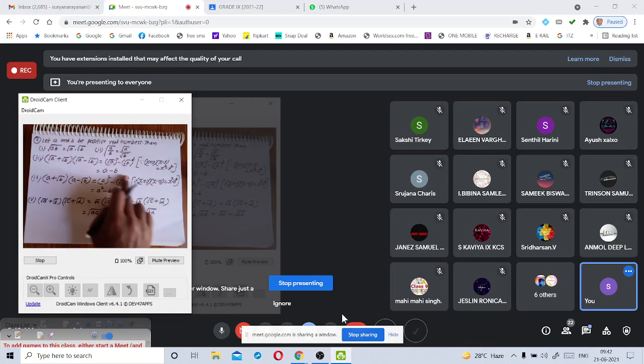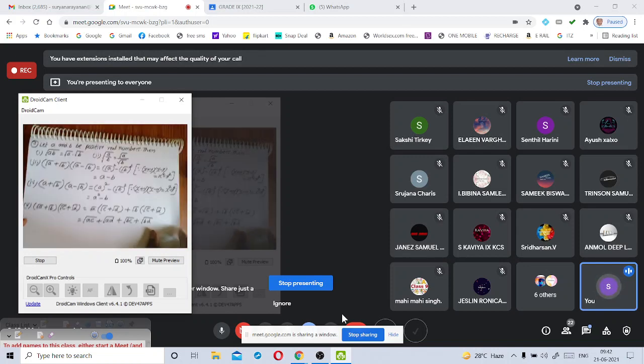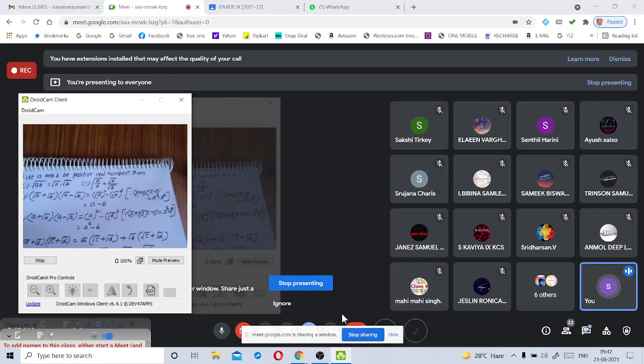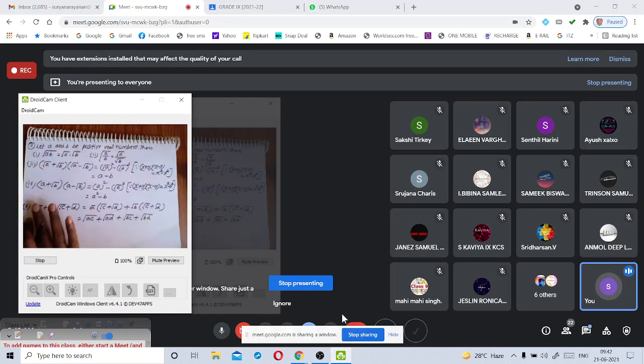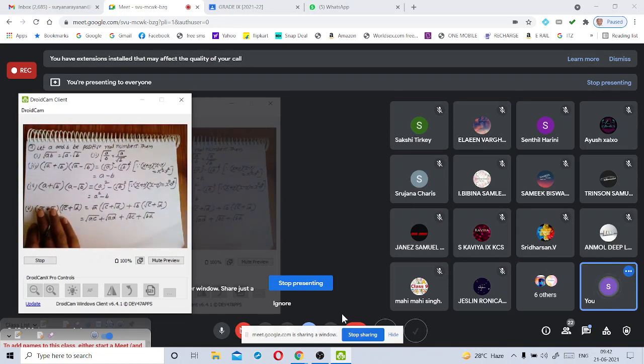So you have to learn these points. These are useful for the next exercise. Now, what is meant by rationalization factor? Suppose x is an irrational number, and let us consider this is x and this is y.